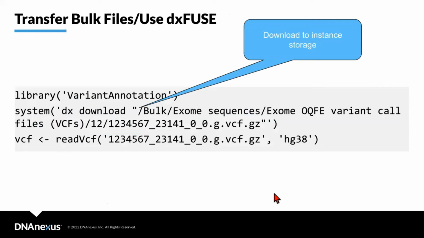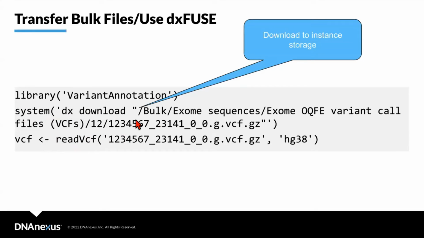And here is just an example of how you can transfer bulk files inside RStudio. So here's an R script. For example, you want to read a VCF file. What you can do is download the VCF file to the temporary storage using dx download, and we are using system calls for that to call the command line inside the R script, and then you can read the VCF file.